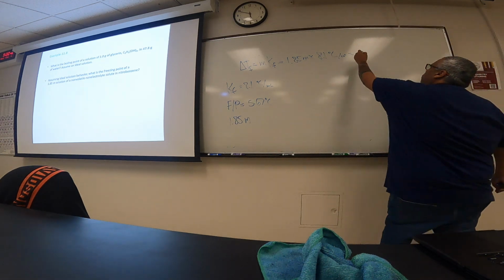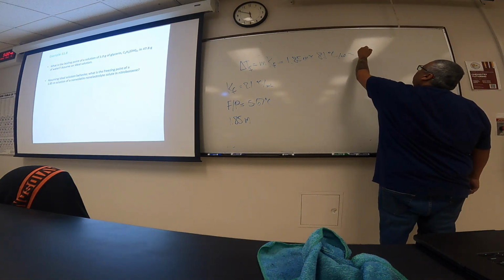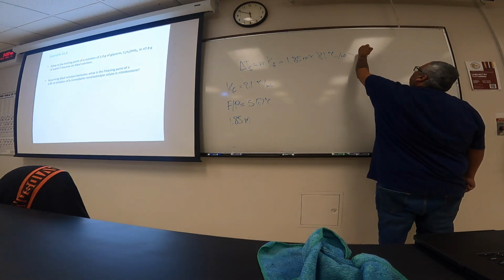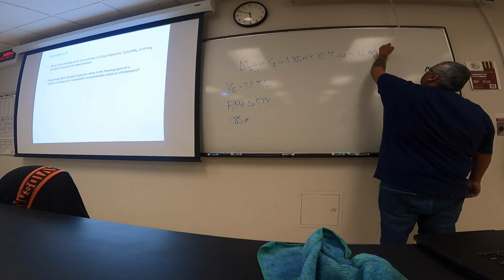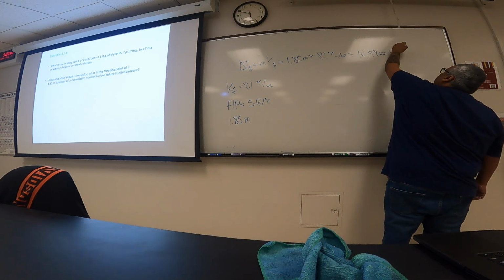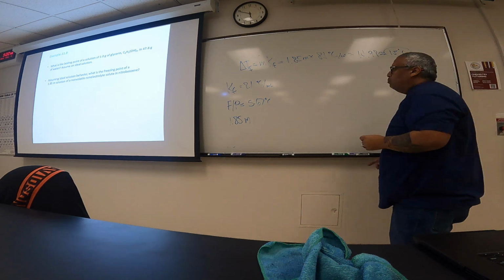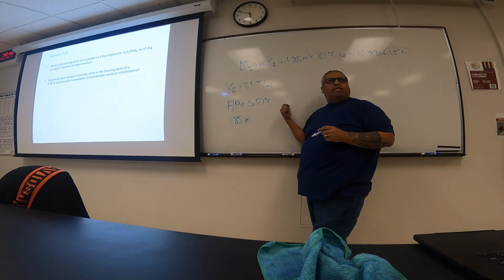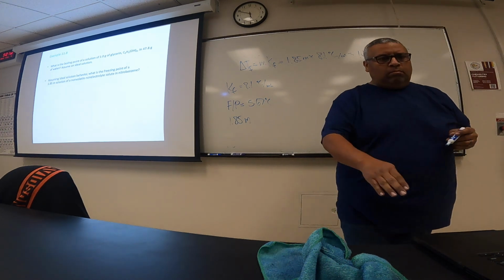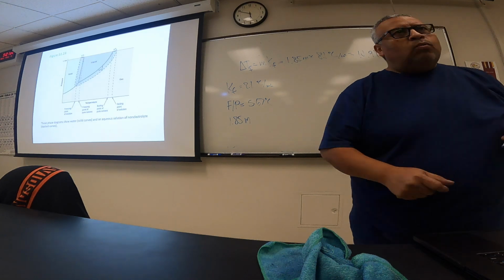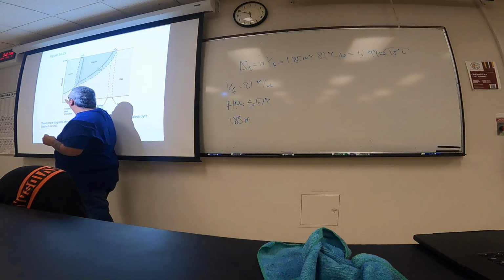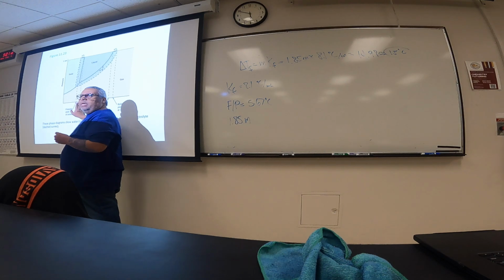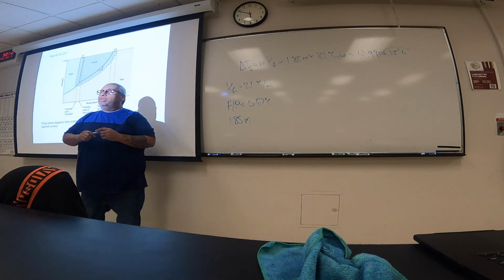14.9. So you said 14.98? 14.98. We'll just round that to 15. So 15 degrees Celsius. This is the freezing point temperature change. Right? When we add a solute and make a solution here, what happens to the freezing point temperature? It decreases.